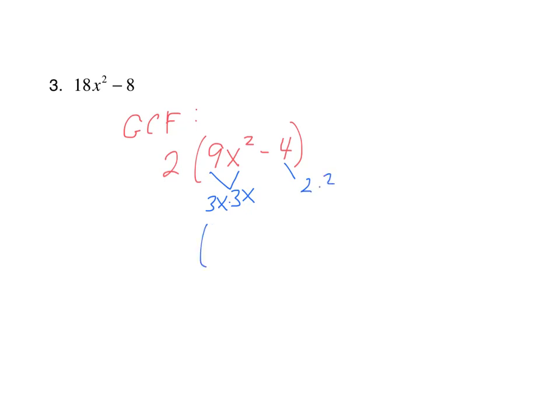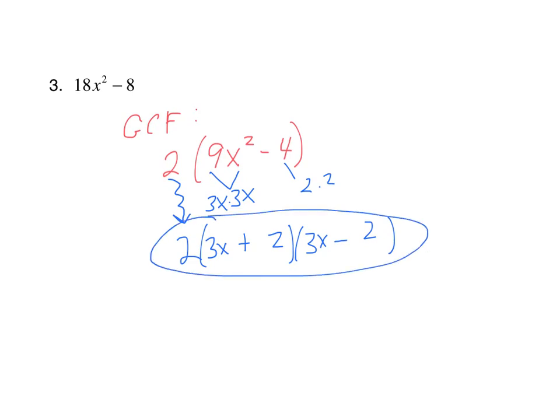So then we can reverse FOIL because these are squared values, plus and minus. Factor each of the first terms and last terms, and then don't forget to plant your GCF there again at the end of the problem so that we have our three factors for this binomial expression here.